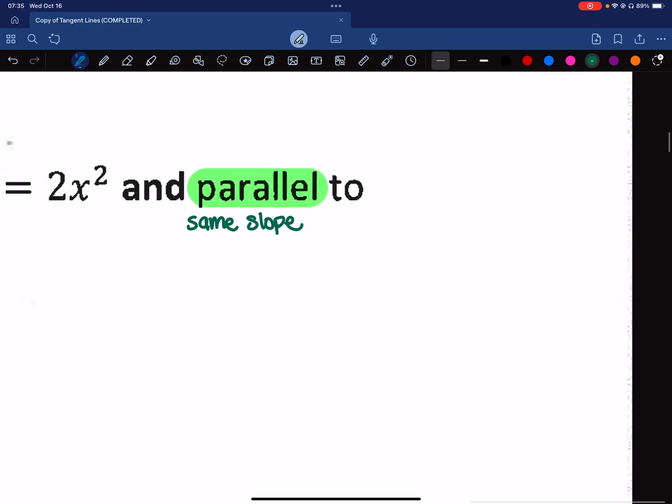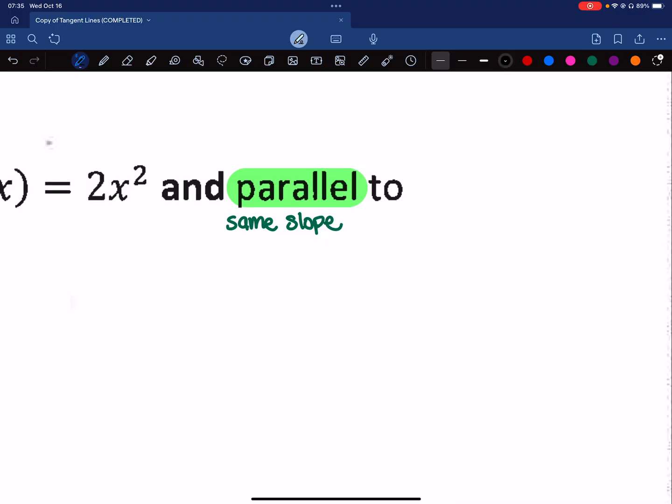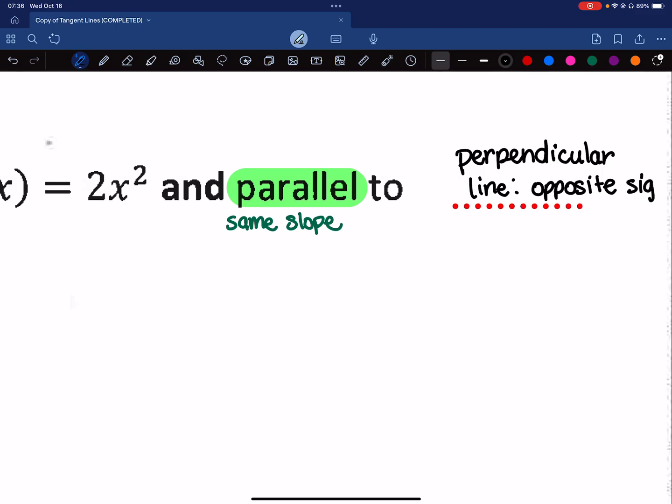Okay, now in your homework, it's going to talk about perpendicular lines. You need to know that their slopes are the opposite sign and they're flipped.